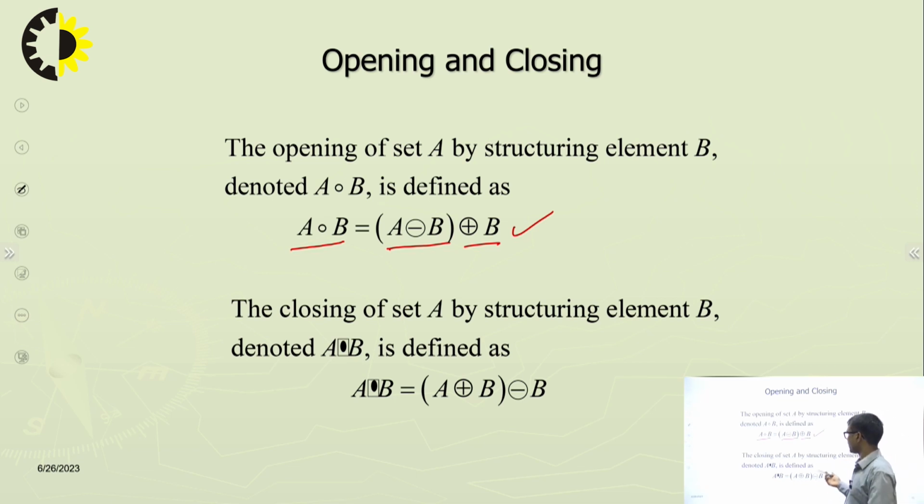It is not like that. We can see with the example. Similarly, closing is represented as a dark circle, meaning it is the closing operation. So A close B is A dilated by B, then eroded. We can see the mathematical formulation here.